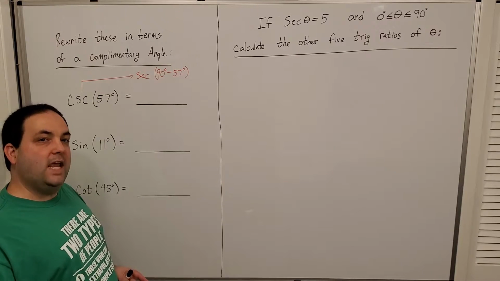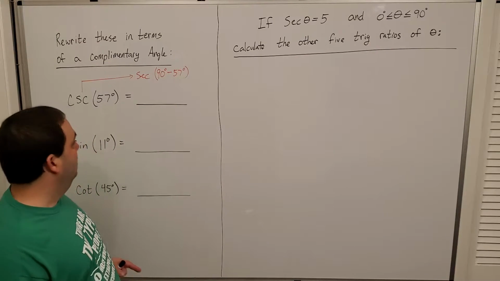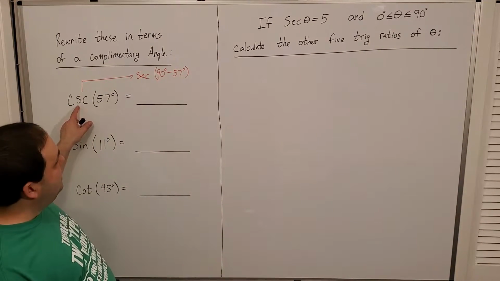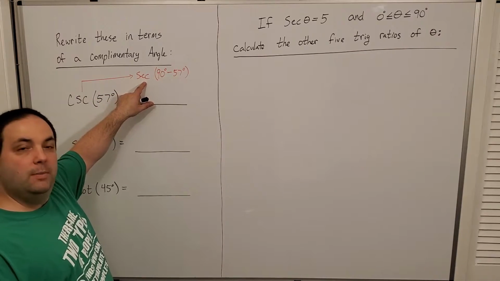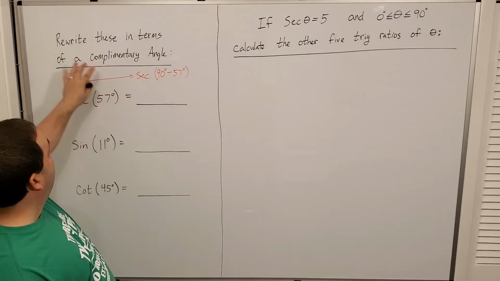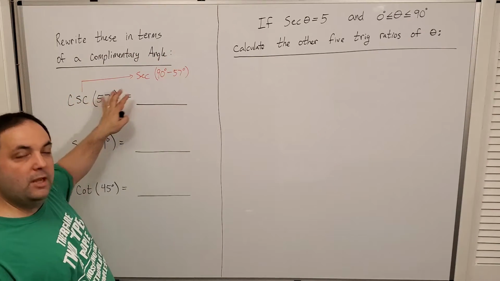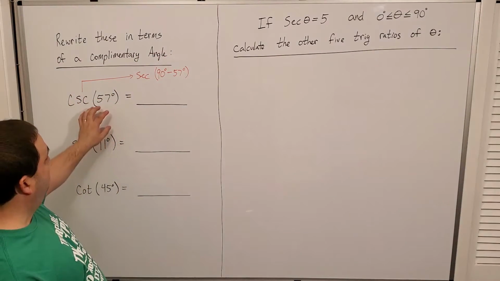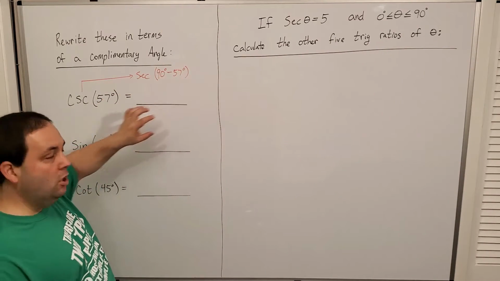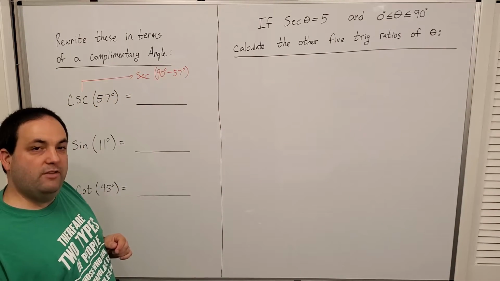The co stands for complementary. So this is complementary secant. It is the complement of secant. Not only complementary angles, these are complementary functions. So if you switch to a complementary angle, you are also switching to a complementary function.